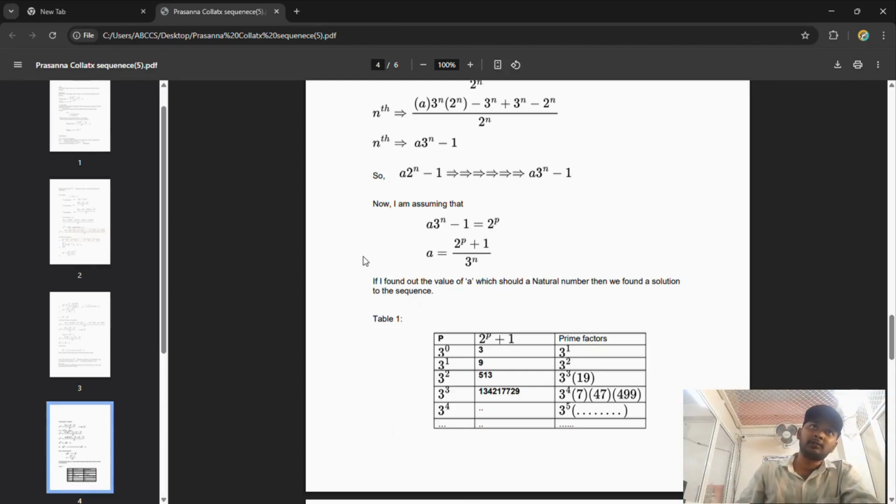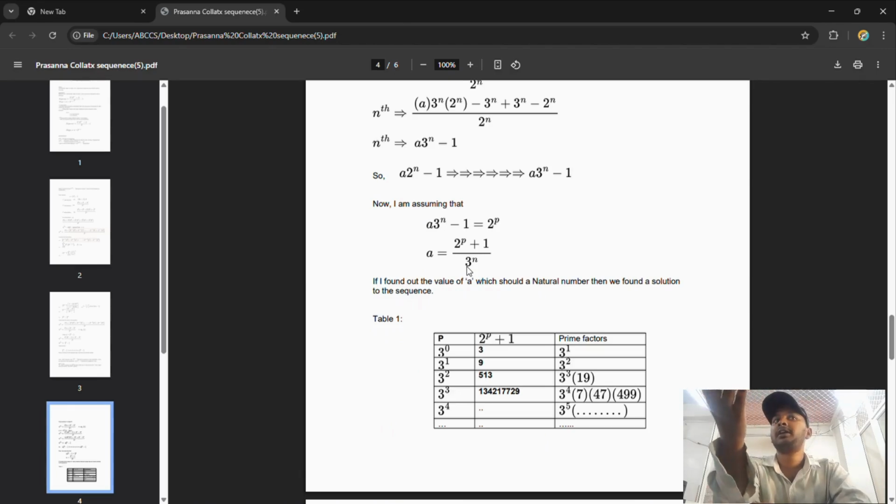To find that, I applied some logic. If I want 3 to the power of n to be totally cancelled out from the denominator, then the numerator should have 3 to the power of n as a multiple. Then I find the value of a, which should be a natural number.